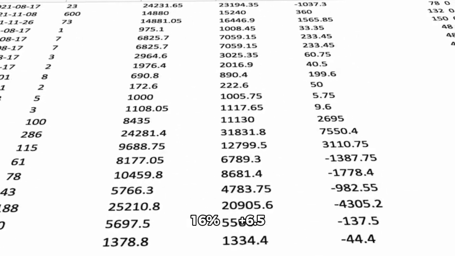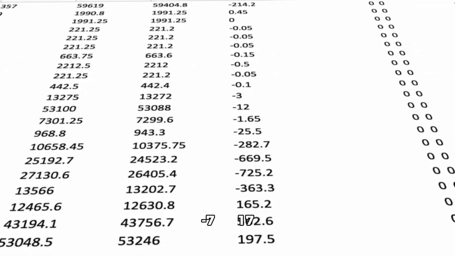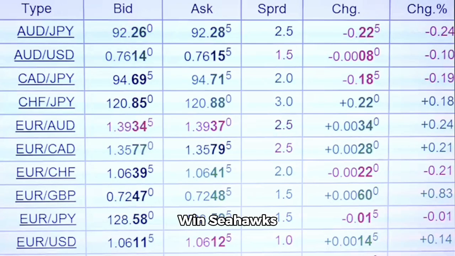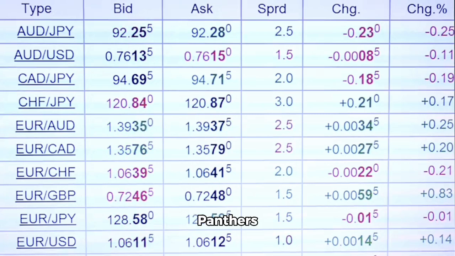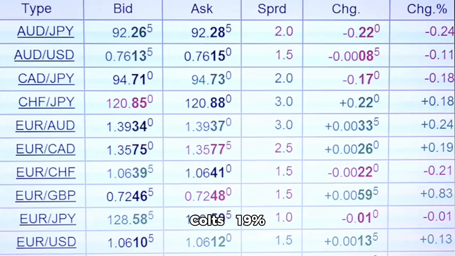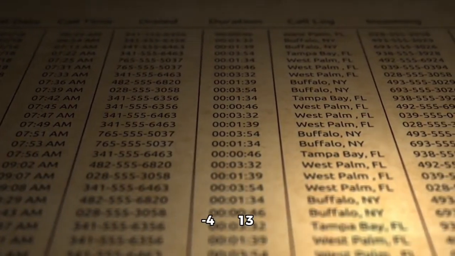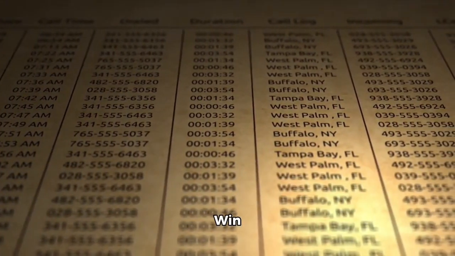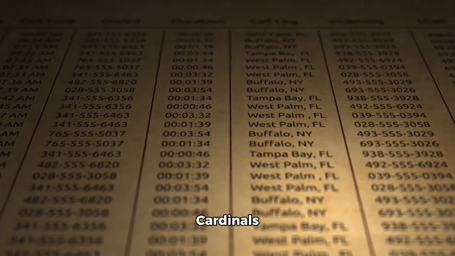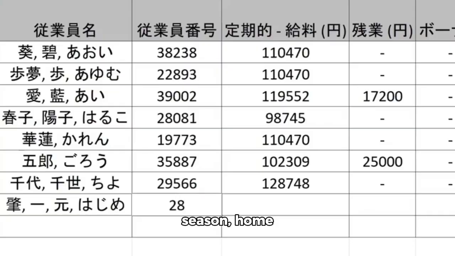November 13th: Ravens 83%, minus 7, 17, win. Seahawks 17%, plus 7, 22. November 27th: Panthers 81%, minus 3.5, 27, loss. Colts 19%, plus 3.5, 19. The 4th of December: Cowboys 80%, minus 4, 13, win. Cardinals 20%, plus 4, 19.